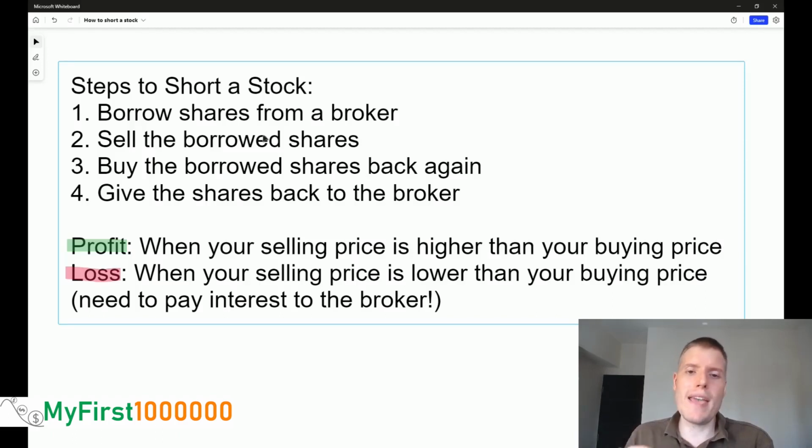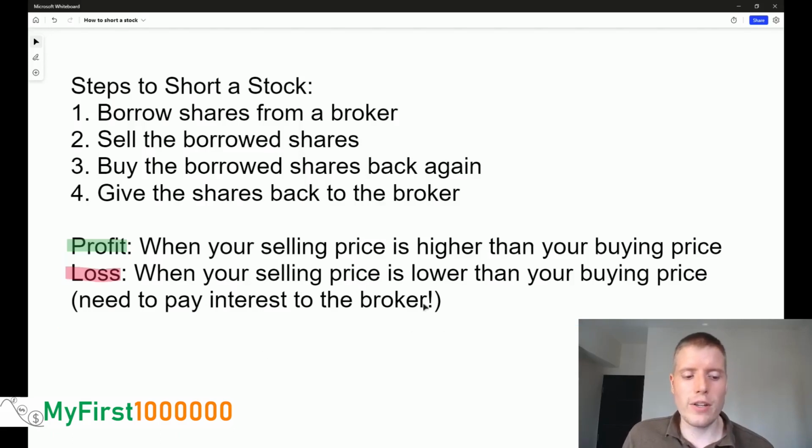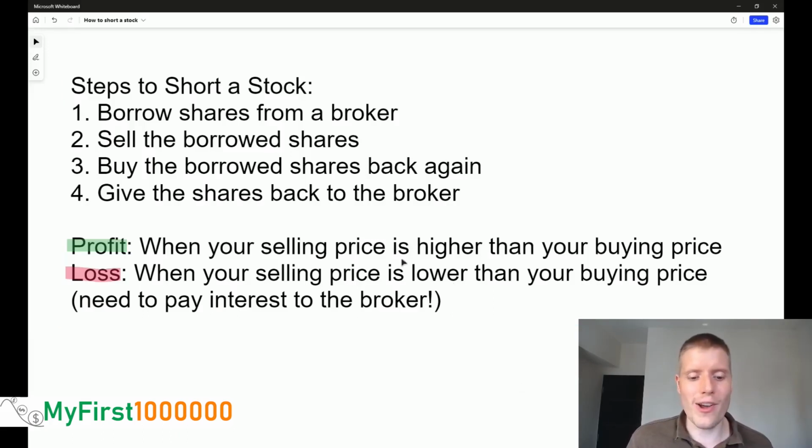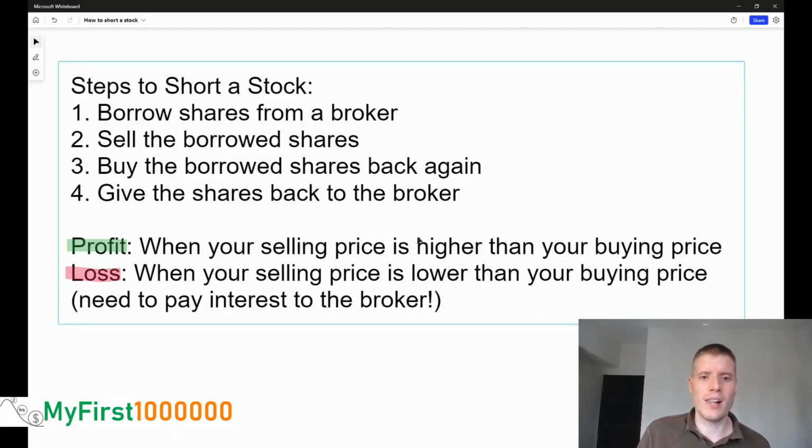However, you will be making a loss when the share price, instead of going down, is climbing. But in addition to the difference, you always also need to take into consideration that you need to pay an interest fee to the broker. Because of course he will not lend you the stocks for free. He also wants to earn some money from lending the shares to you.